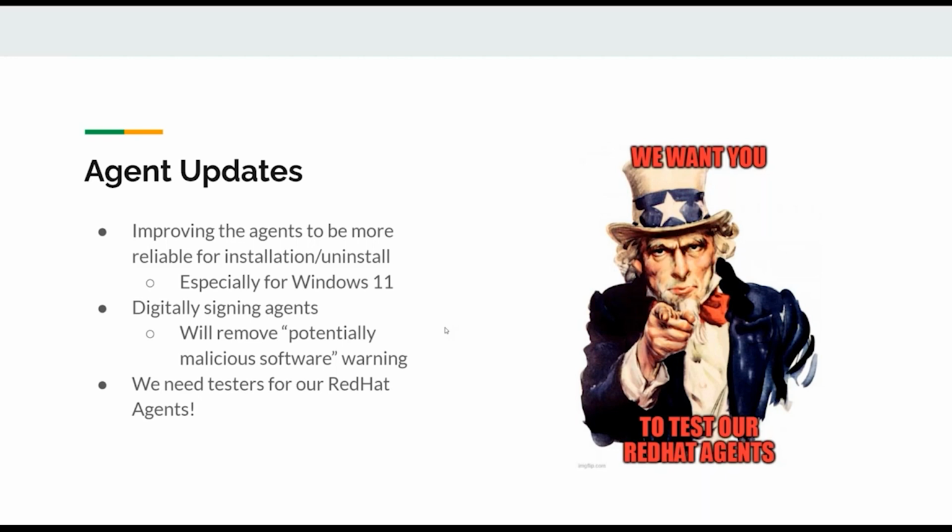And this is something that's come up prior: we're going to be digitally signing the agents, which has been an issue if people are manually installing the MSI. Sometimes it comes up with a potentially malicious software warning from Windows. That's all going to be alleviated with the digital signing of the agents.